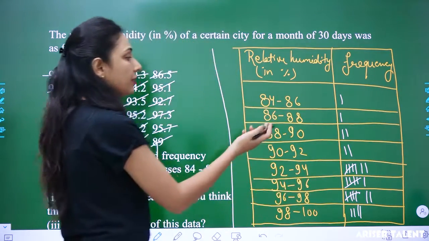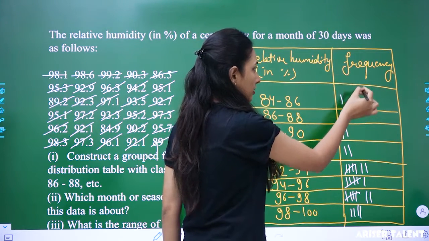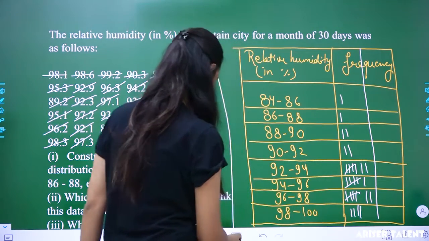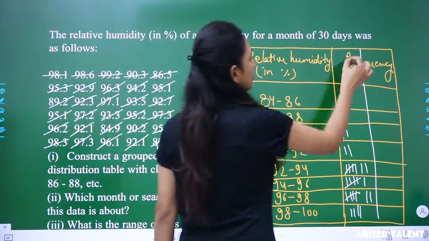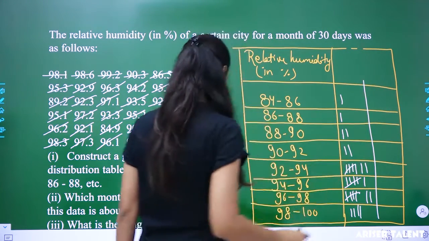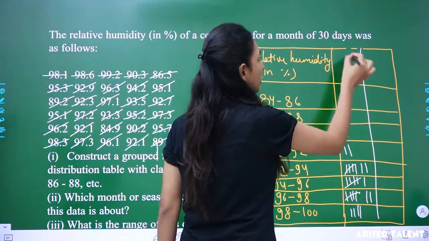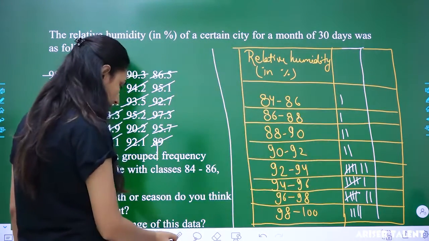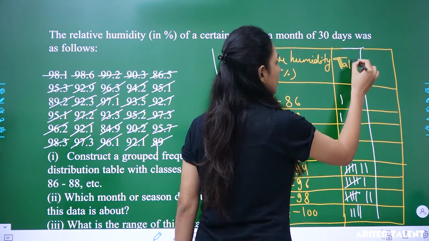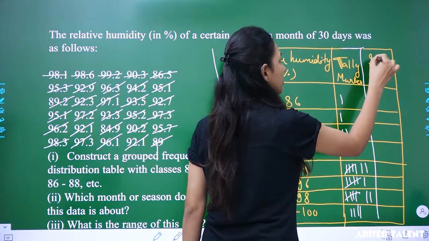So it's here 1, 1, 2, 2, and so I can just write here that that is going to be your tally mark. And here frequency.